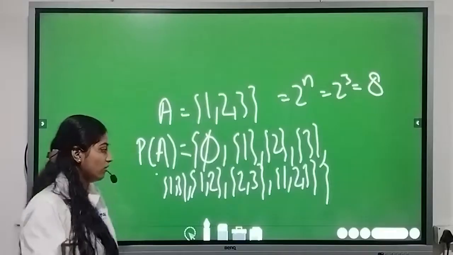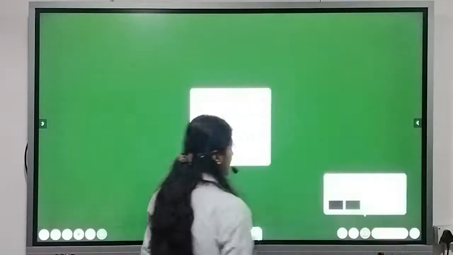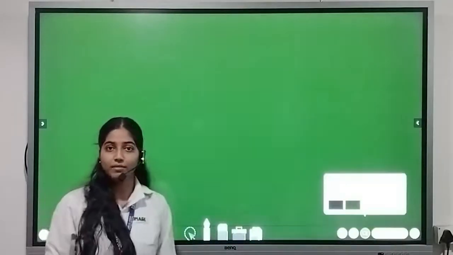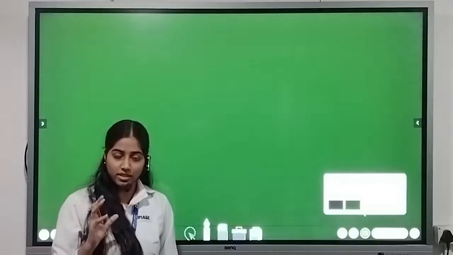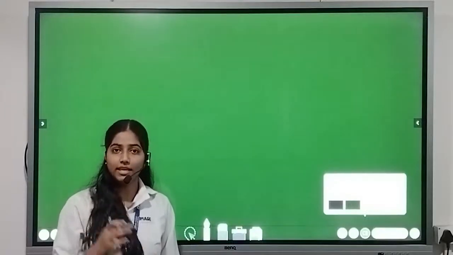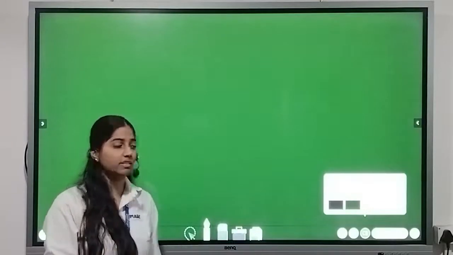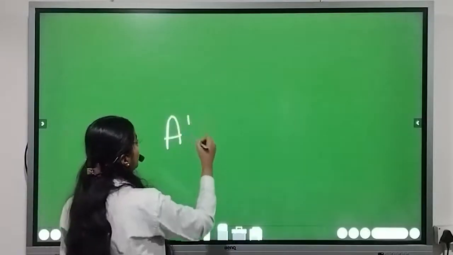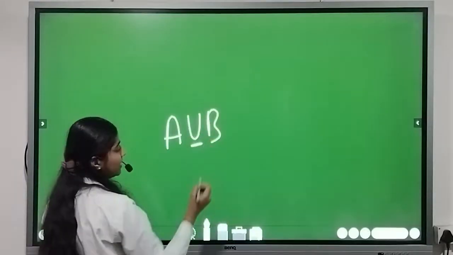So first of all, we'll know what is union. Let A and B be two sets. Then the elements present in set A or B or both are called the union. It is basically represented by A union B. This is the symbol to represent union.